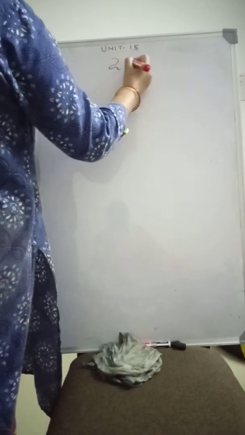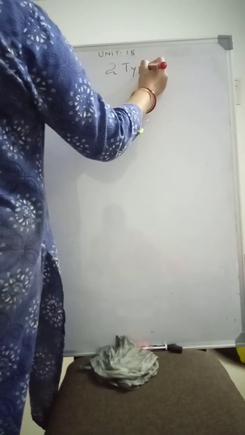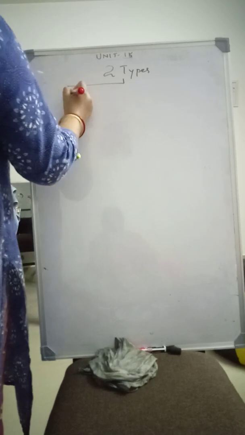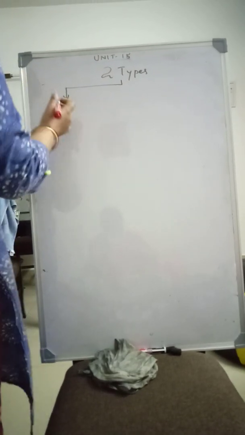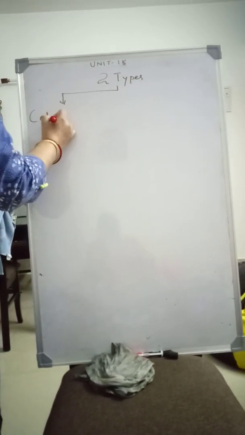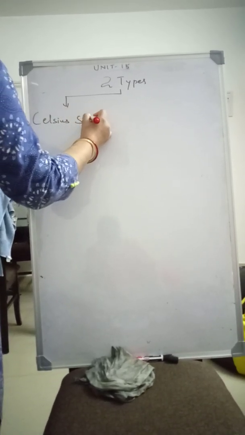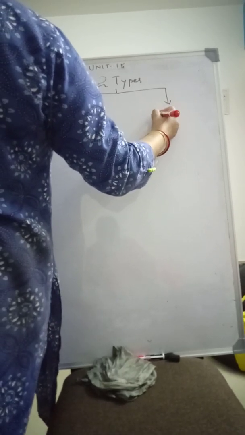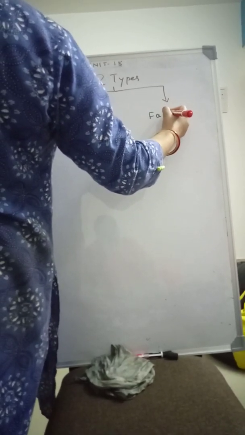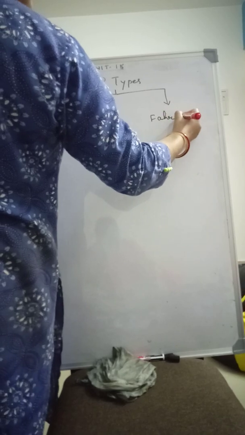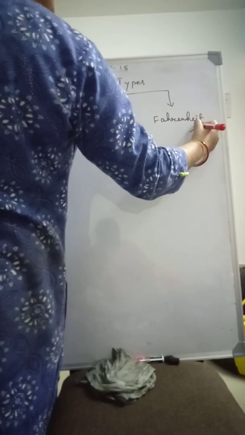Two types. First one is based on the Celsius scale, and the second one is based on the Fahrenheit scale. There are two types of scales used here.